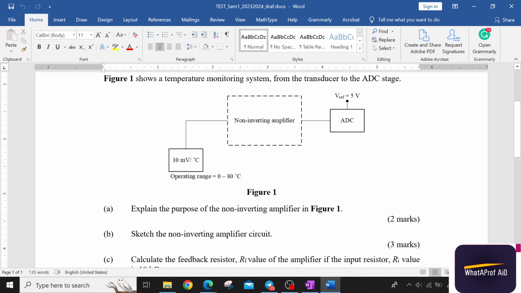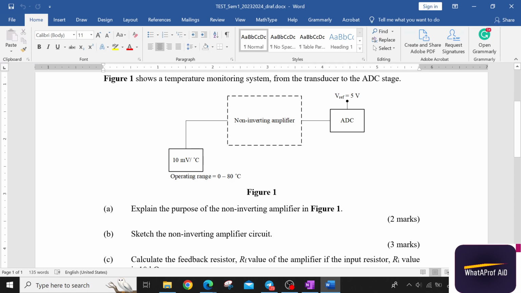Then calculate the feedback resistor RF value of the amplifier if the input resistor RI value is 10k. So RI is already given. You know the transfer function of the non-inverting amplifier like this, right? What I saw in the exam paper is that almost 20% of the class made this mistake.